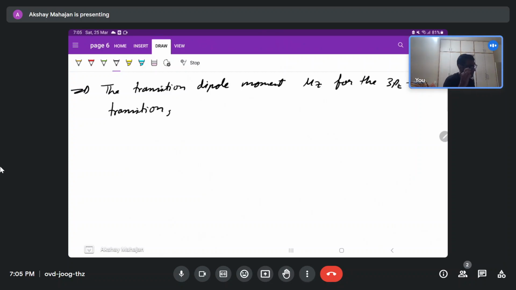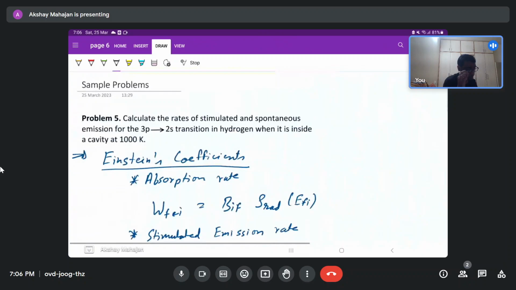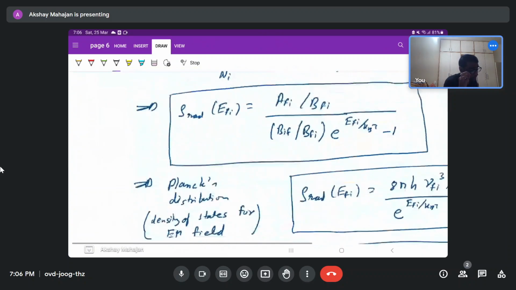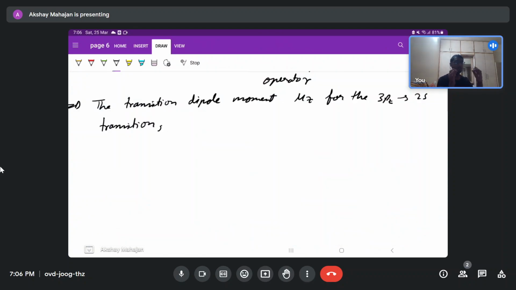So basically, first we will find this mu z, because the transition that is asked is the 3p to 2s transition in hydrogen. For that one transition, we will have transitions from 3pz, 3px and 3py. So first we will find it for 3pz because that is easier.